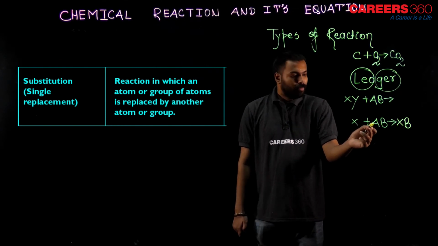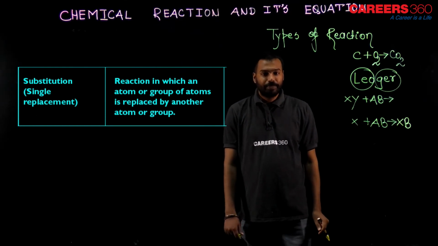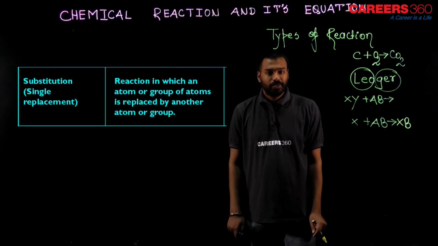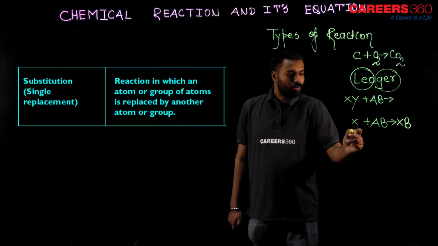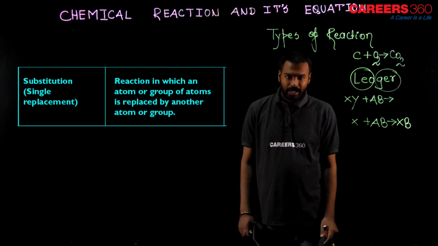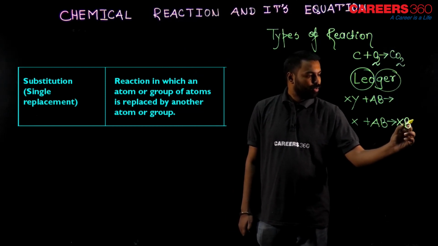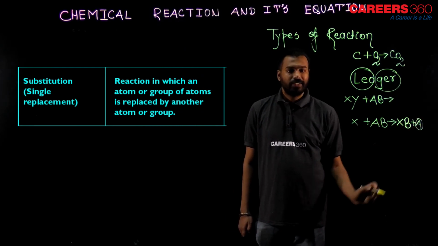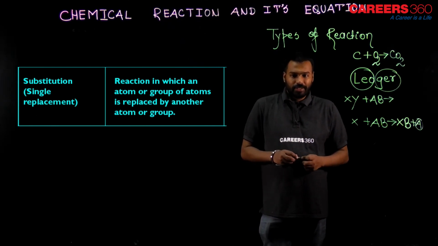X removed A and occupied its place. It is a kind of substitution, my dear student. Such a reaction in which a more reactive element substitutes a less reactive element is known as substitution reaction. XB forms and A will also form, but A will sit silently somewhere.